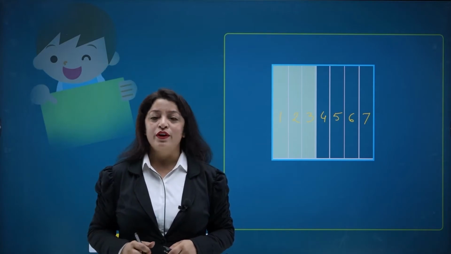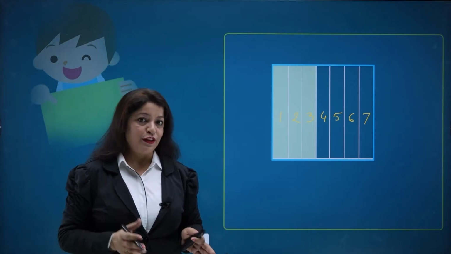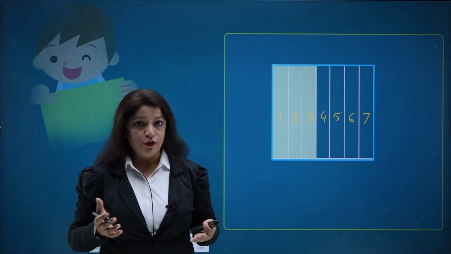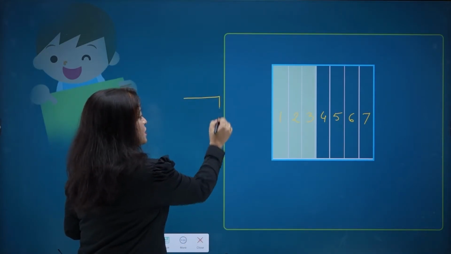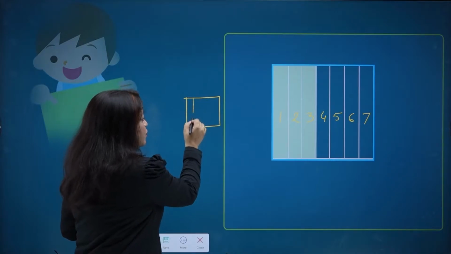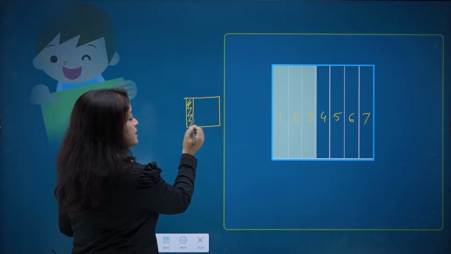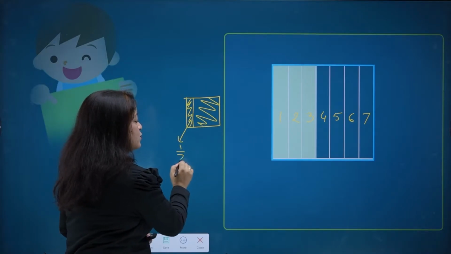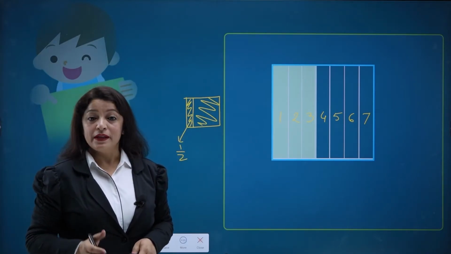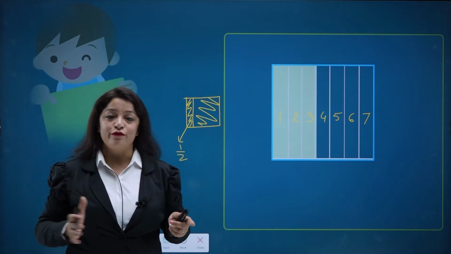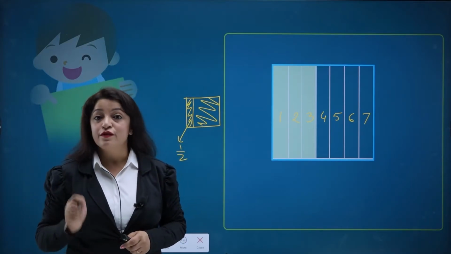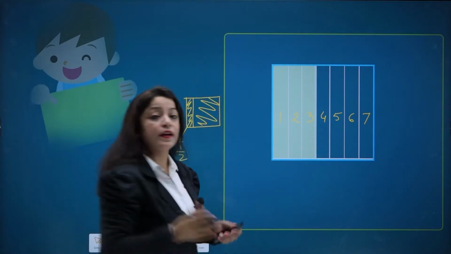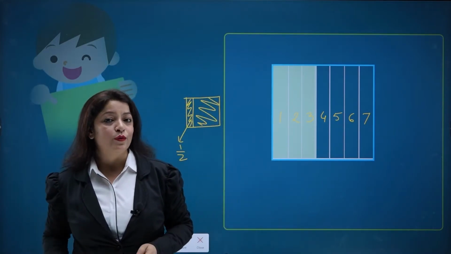Equal is a very important word over here, because if it is not equally divided, then we won't get a fraction. For example, if this is a square and I divide it into 2 parts in this manner, that one part is this and the second part is this, will you say that this is 1/2? No, because this is not half of the complete thing.